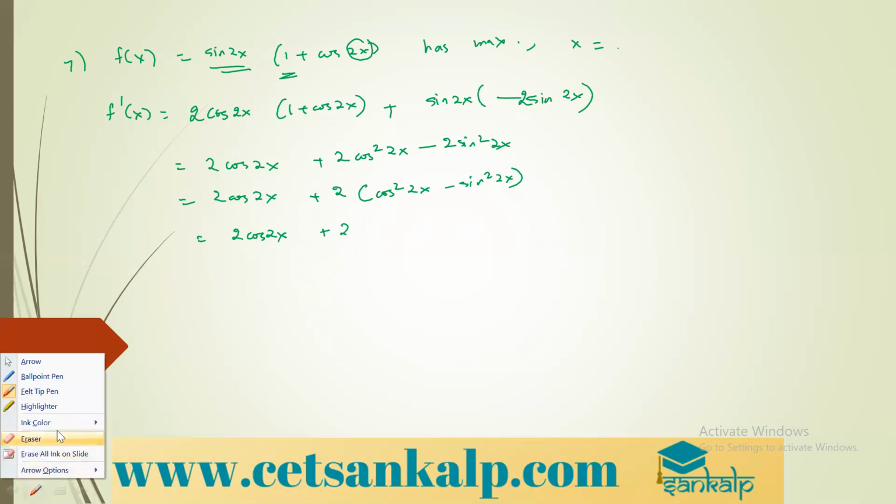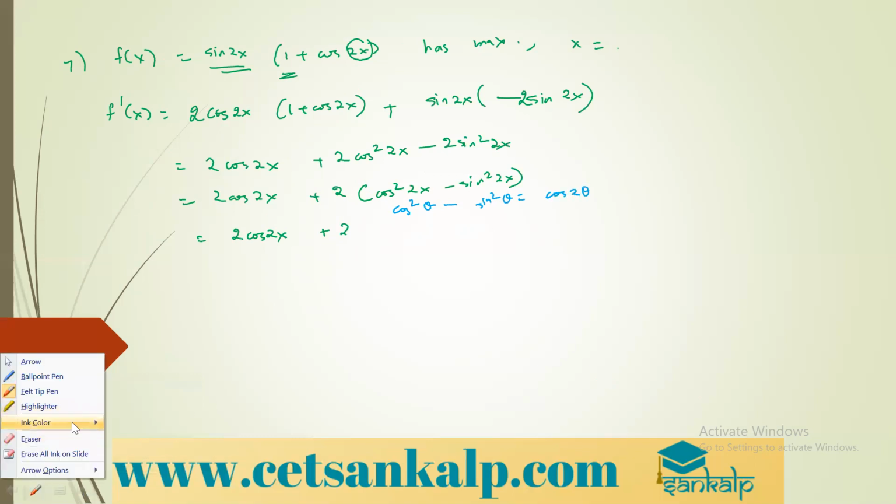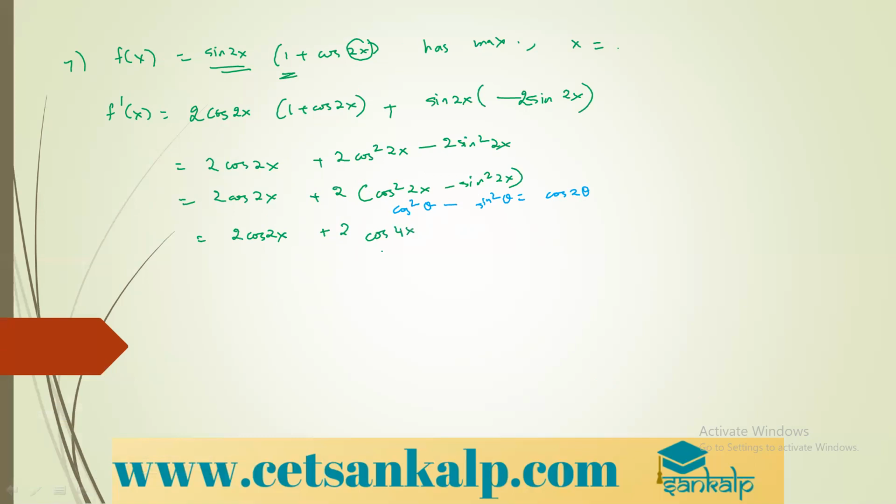Here I have to use the formula. What's the formula? Cosine square theta minus sine square theta is cos 2 theta. So this will give me cos of 4x. 2 you can take common. cos 2x plus cos 4x. It's 2 cos of (a plus b) by 2, 6x by 2, 3x. Cos of (a minus b) by 2, 4x minus 2x, 2x by 2.